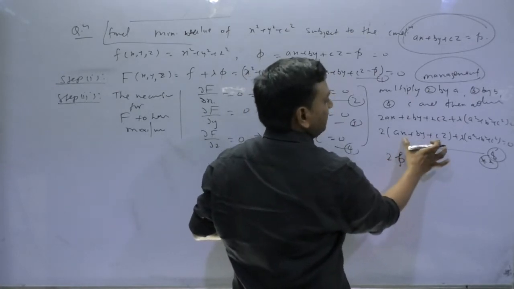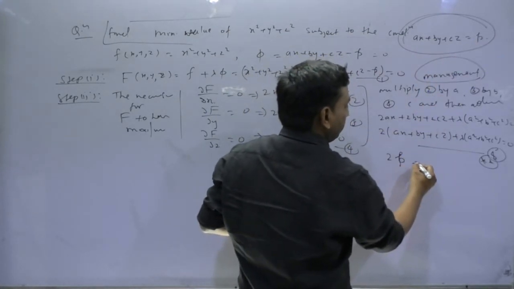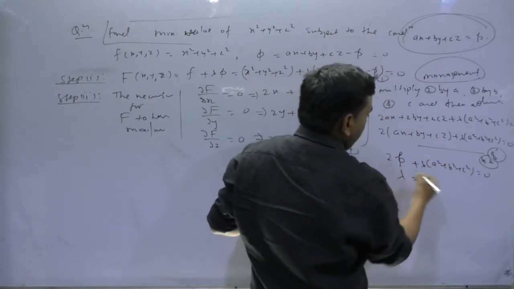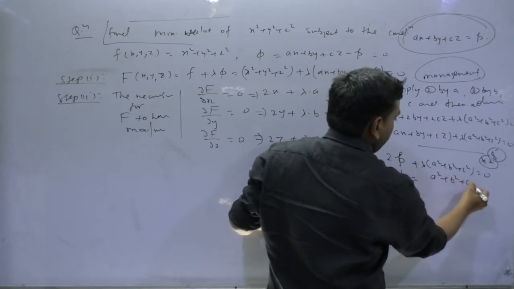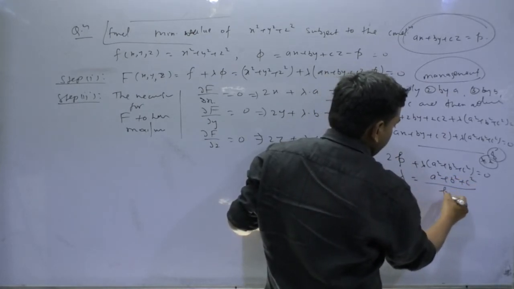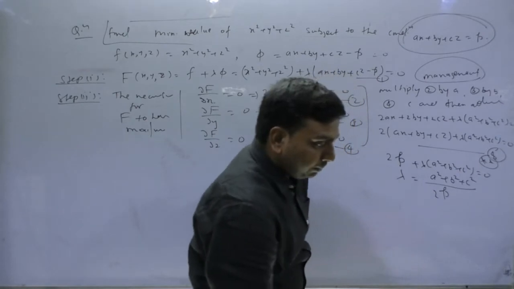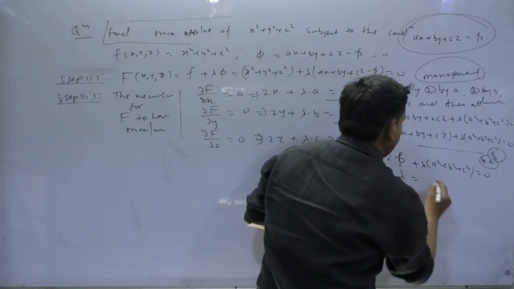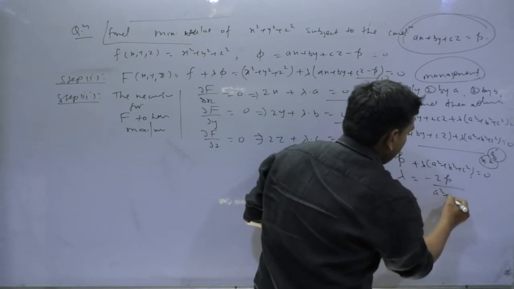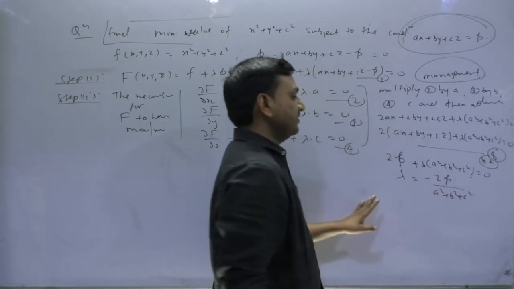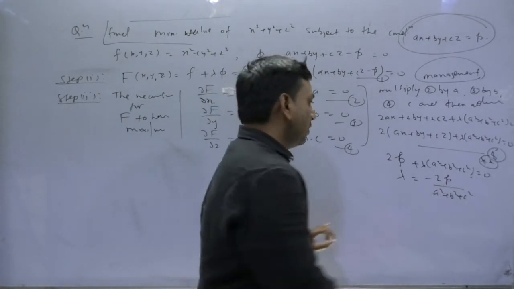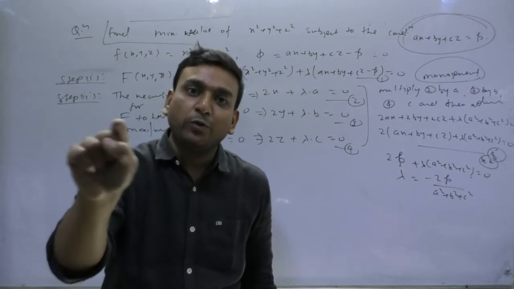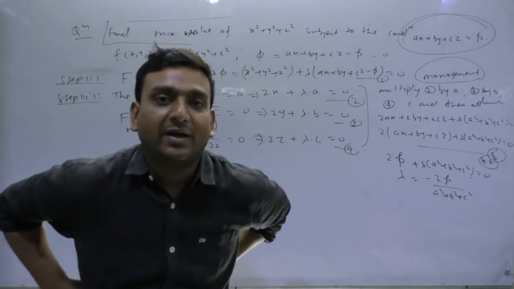This is ax plus by plus cz equals p, so 2p plus lambda into (a square plus b square plus c square) equals 0. Ultimately we come up with lambda equals 2p upon a square plus b square plus c square. Oh sorry, this will go with a minus: lambda equals minus 2p upon a square plus b square plus c square. Is that clear? So in the Lagrange method, you try to find that lambda.